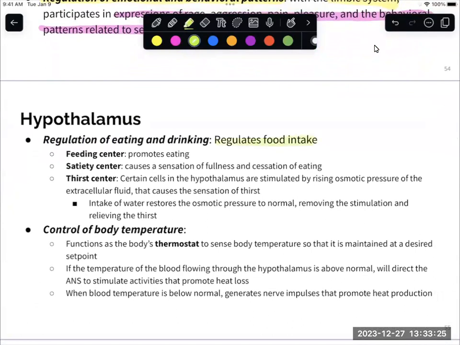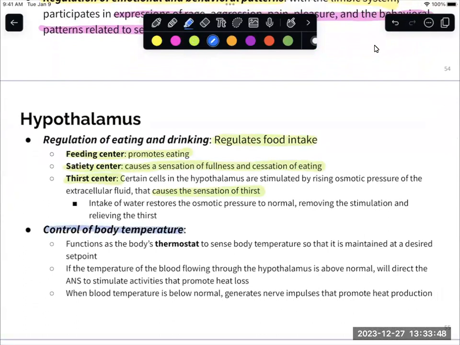Regulates your food intake. We have a feeding center, a satiety center, which is supposed to help you feel full, and a thirst center, which is supposed to stimulate that sensation of thirst to tell you you're thirsty to drink something.